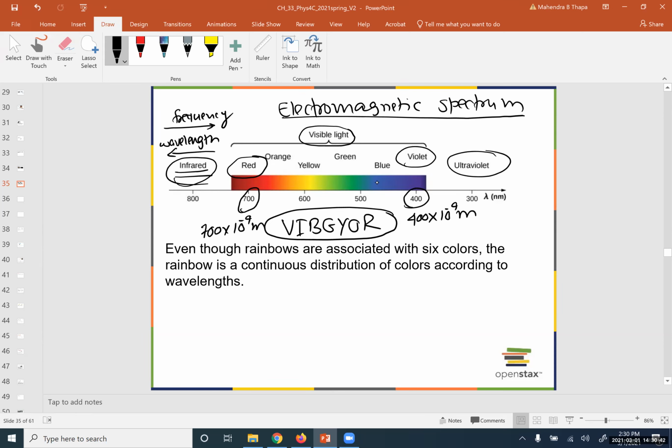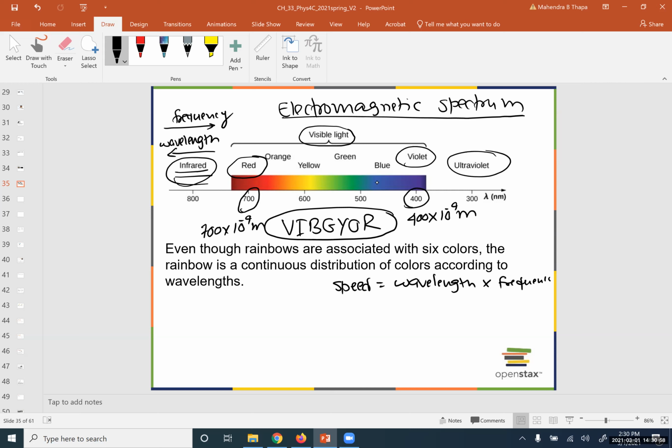But we can use this equation every time: the speed of light of an electromagnetic wave equals wavelength times frequency.